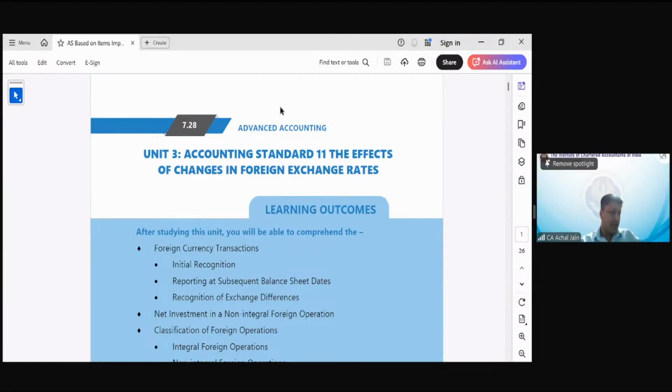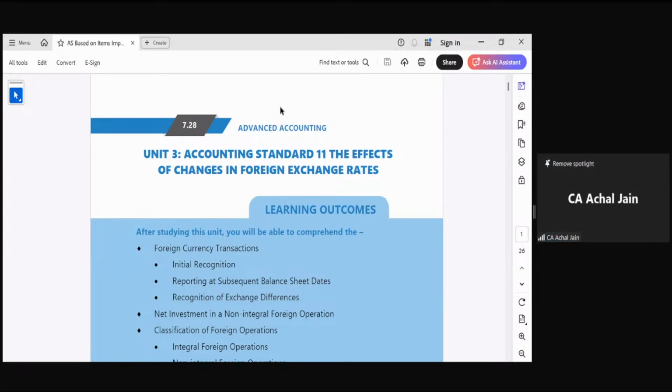Any more questions? Any more doubts if you have? Yes, Shiv. Yes, sir, my doubt is, can any company change the depreciation rate for its internal benefit or not?